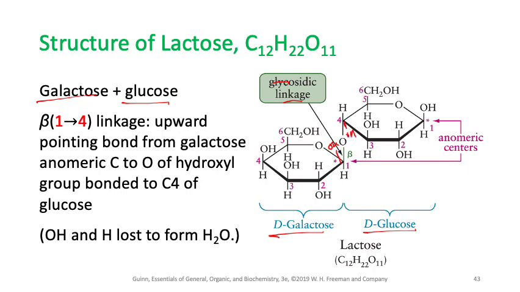Once they are ready to make a linkage between the two molecules, the H and OH from the two different monosaccharides, from carbon number 1 and 4, combine together to make water, and then the oxygen comes in between to make a glycosidic bond, right? So you're going to make something like this with an oxygen at the center, connecting carbon number 1 and carbon number 4.